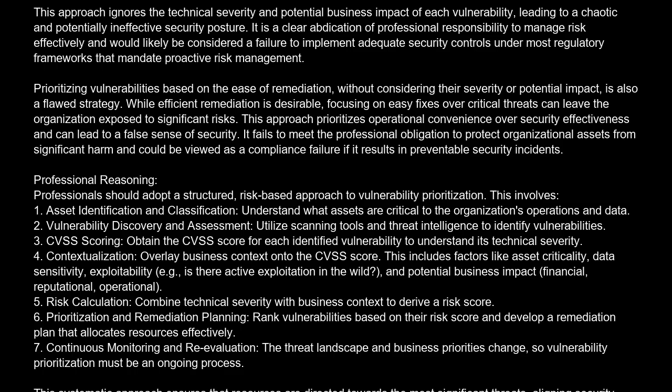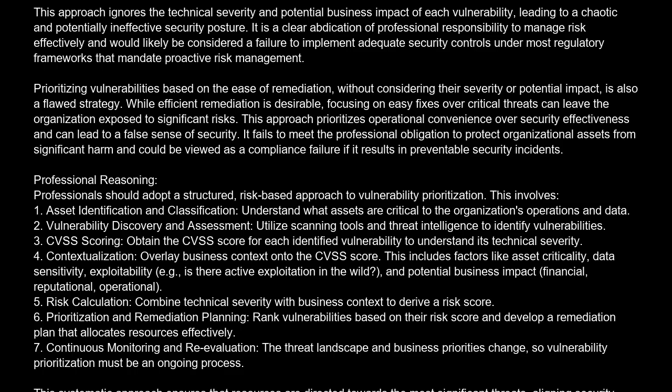Professional reasoning. Professionals should adopt a structured, risk-based approach to vulnerability prioritization. This involves: 1. Asset identification and classification. Understand what assets are critical to the organization's operations and data. 2. Vulnerability discovery and assessment. Utilize scanning tools and threat intelligence to identify vulnerabilities. 3.